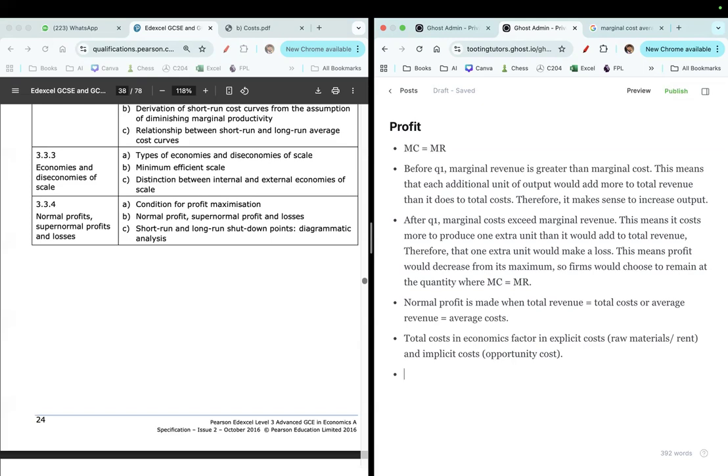And then every penny above that is my supernormal profit. I'll give you another example in a minute. So let me just define supernormal profit quickly. Supernormal profits are any profit that exceeds normal profit.